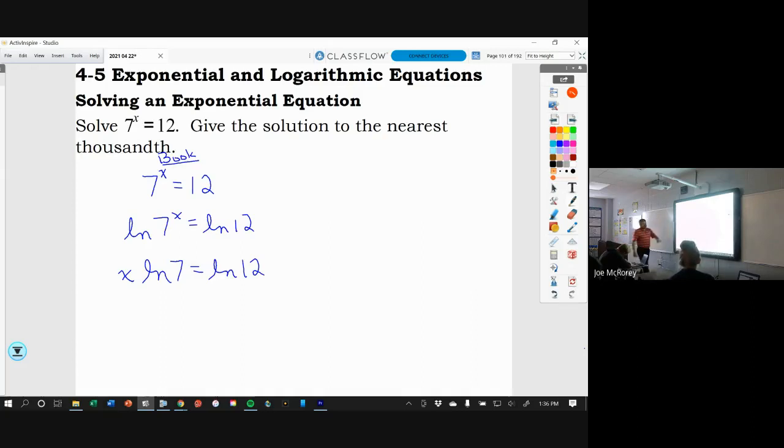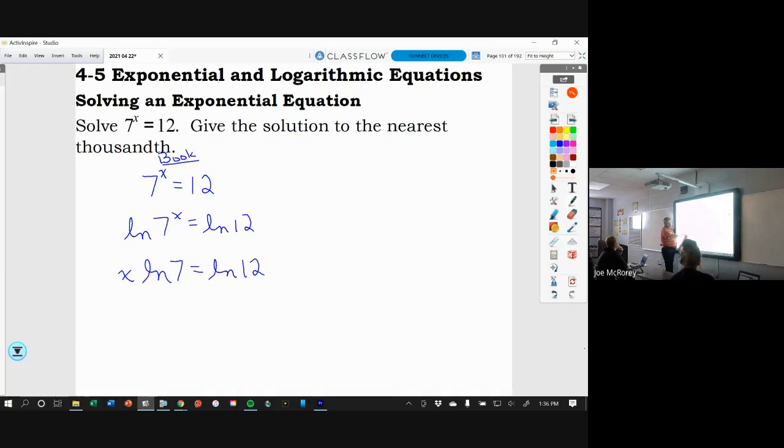Okay, so now I have x natural log of 7 equals natural log of 12. Natural log of 7 is just a number. You can type that in the calculator, it's going to give you an answer. So basically what I have here is a number times x is equal to natural log of 12. How do I make this number go away? Divide, no, because they're multiplied together. So this is x times the natural log of 7.